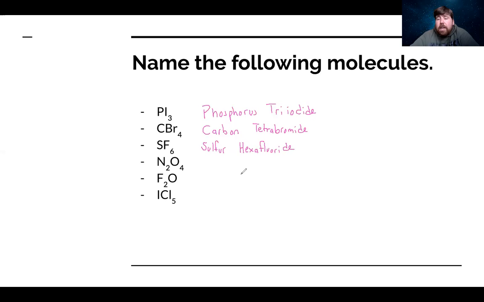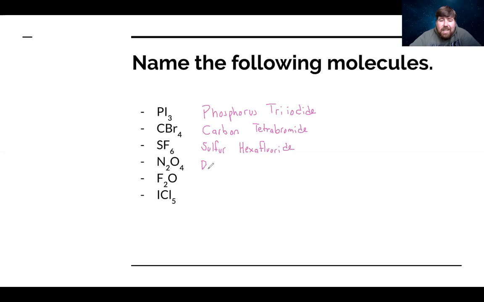If you don't know what that is, I would recommend checking it out. N2O4. So here's where we kind of get into an interesting thing, mostly because there is more than one of the first element. There are two. So I have to use that prefix to identify how many of the first element I have. But I still name it as is.